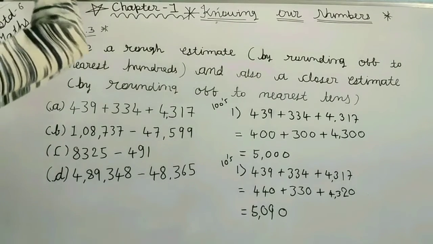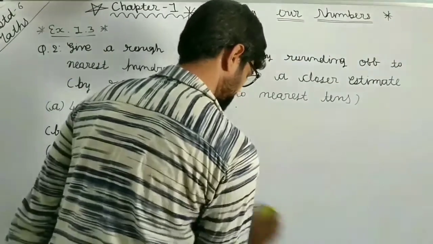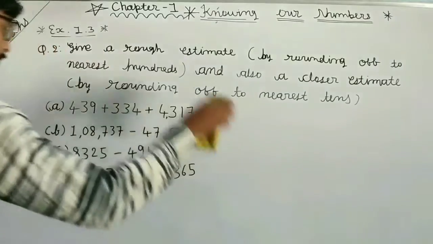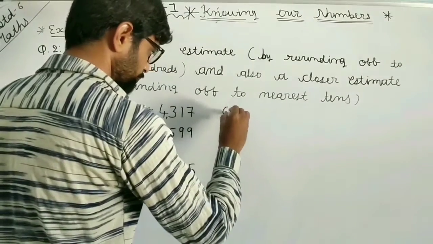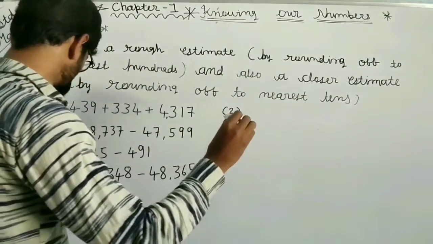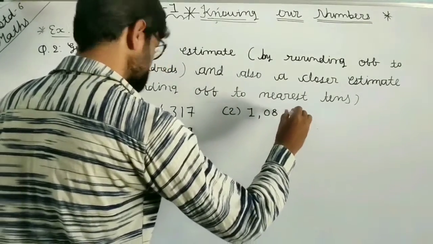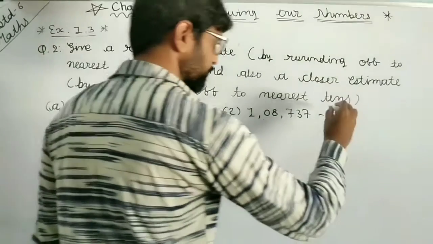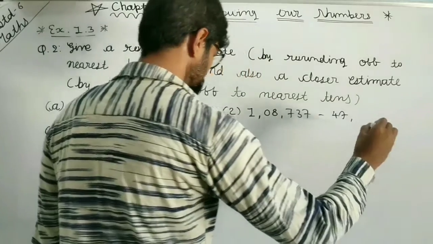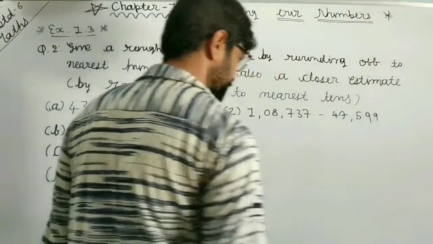Now I am moving on to the next question. Here number 2 is also given. 108737 minus 47599.